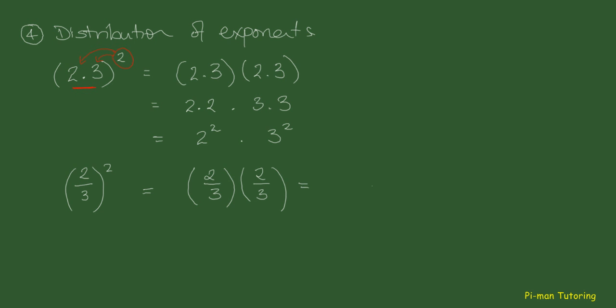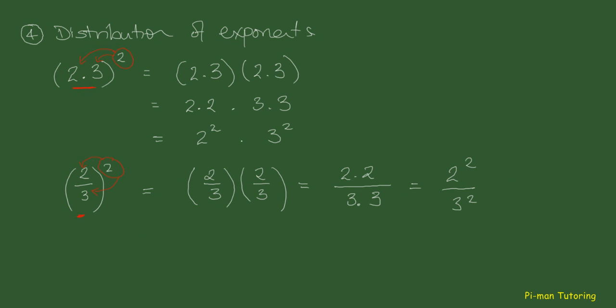When we multiply fractions, we multiply the top, 2 times 2, and we multiply the bottom, 3 times 3. And you can see that we've ended up with 2 squared divided by 3 squared. So again, the exponent outside the bracket gets distributed to the things inside the bracket because we are, in this case, dividing.